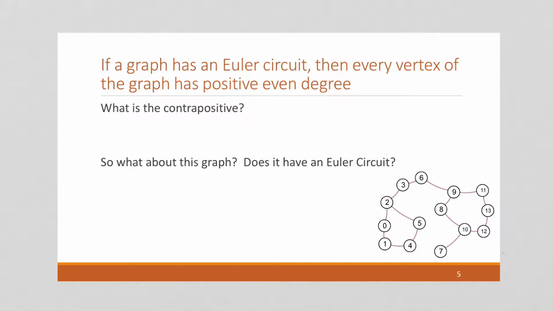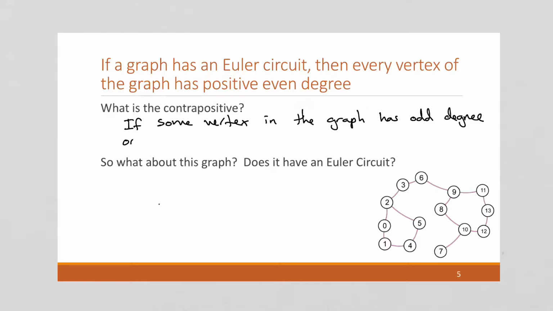You can rewrite it by saying if some vertex in the graph has odd degree, or 0 degree, right? 0 degree, what would that mean? That would mean it's sort of a little island, and you're never going to get there because there's no edges going to it. Then the graph does not have an Euler circuit.